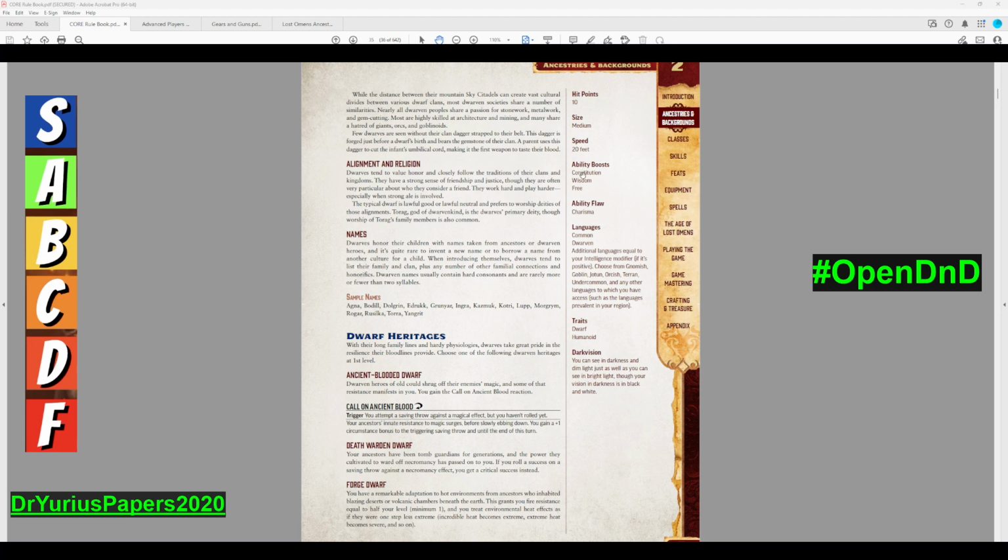We'll get into that when we talk about some of the character creation mechanics. They have an ability flaw. We'll get into that too. It lists what languages they start out with and what traits they have. These are kind of keywords, and they do all have darkvision. And then you can pick your heritage.